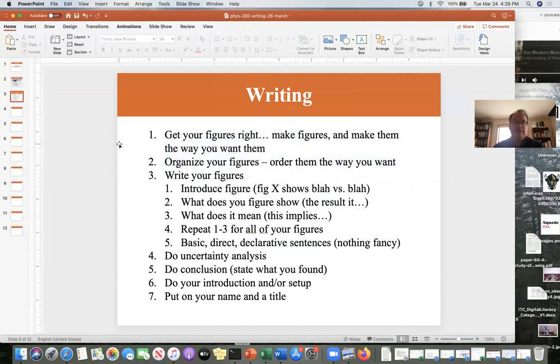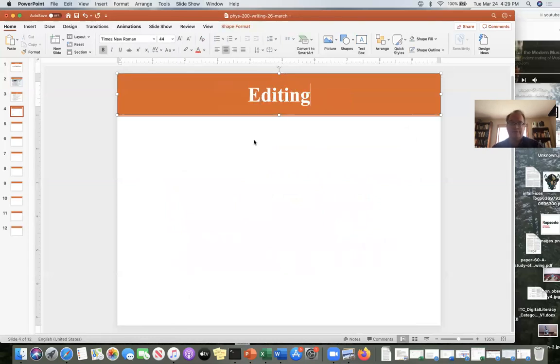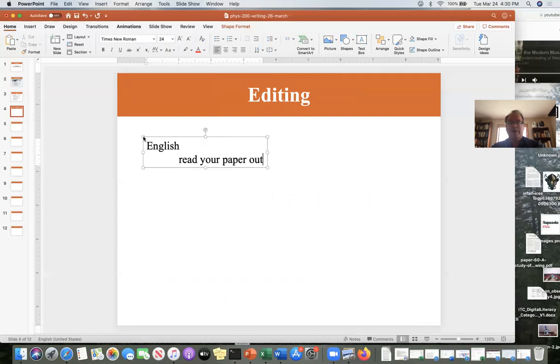Now, as far as editing is concerned, again, there are a few basic rules. And really, they fall into a few categories. The first one is the English. The easiest thing to do is read your paper out loud to yourself.